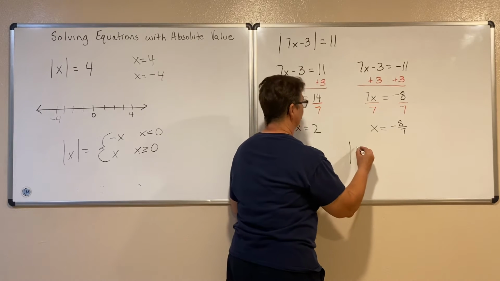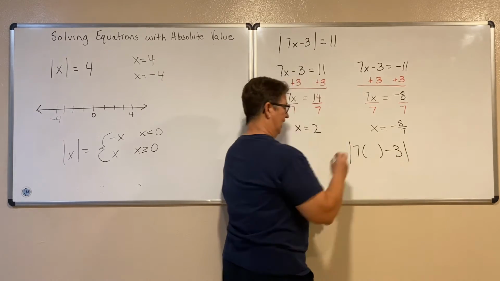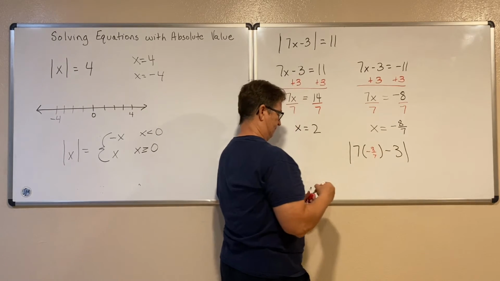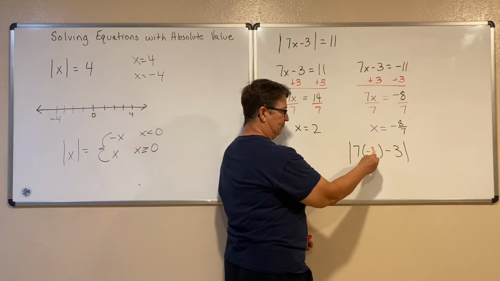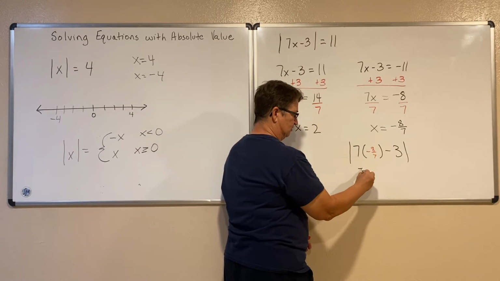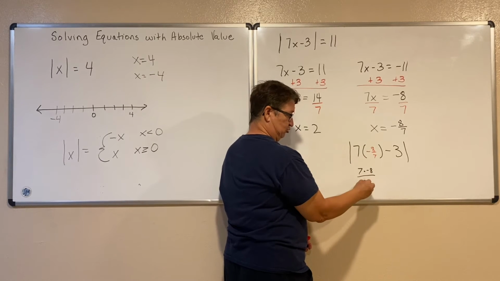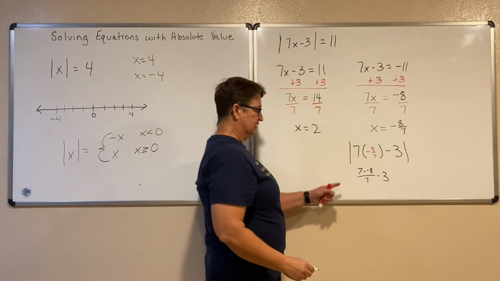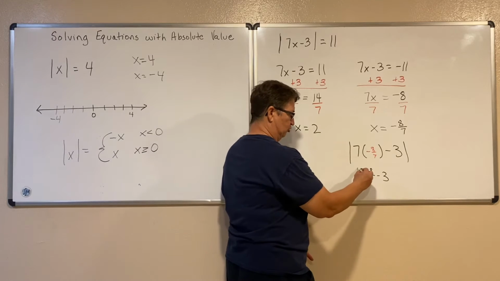I will show you. If I have 7 times this negative 8 sevenths, remember the way you multiply fractions is you just multiply the top times the top, and the bottom, which is a 1, times the bottom. But this 7 divided by that 7 is going to be equal to 1.